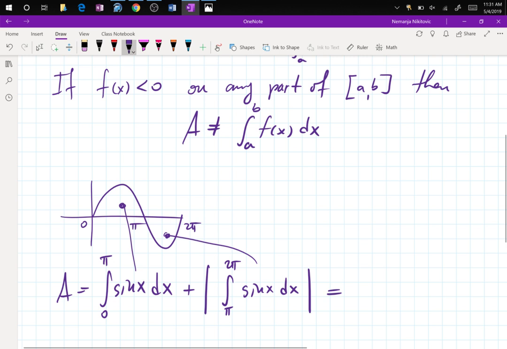And then if you insert calculations here, as we saw last time, you will get 4, right?